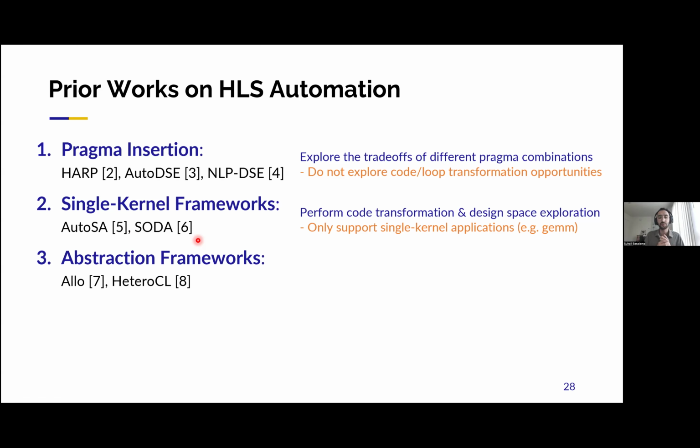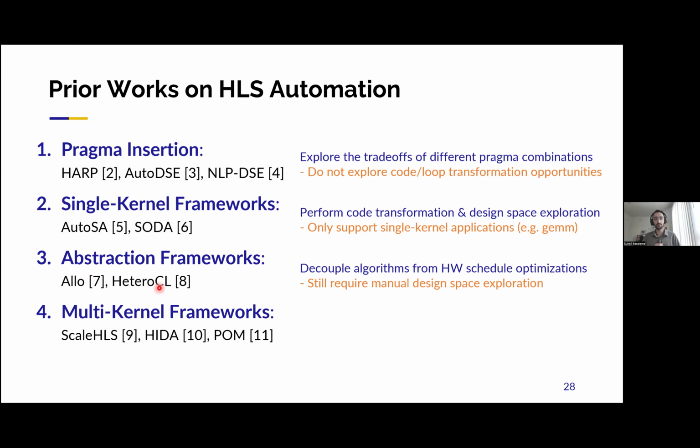And there are other abstraction frameworks like Allo and HeteroCL. These provide more of a higher level abstraction to design hardware accelerators by decoupling algorithms from hardware scheduling optimizations, but they still require manual design space exploration and manual design of these accelerators.